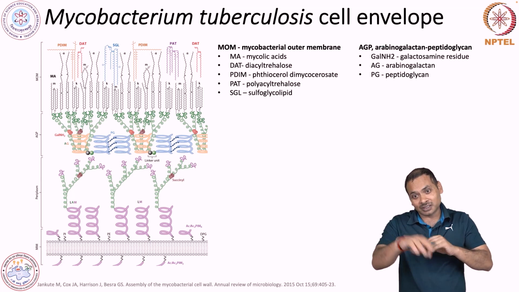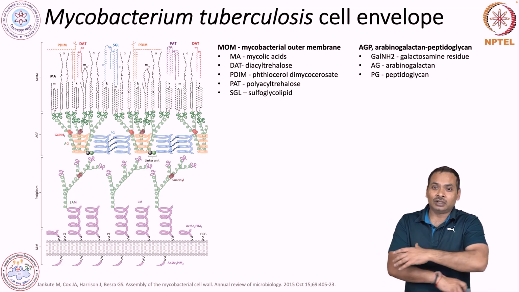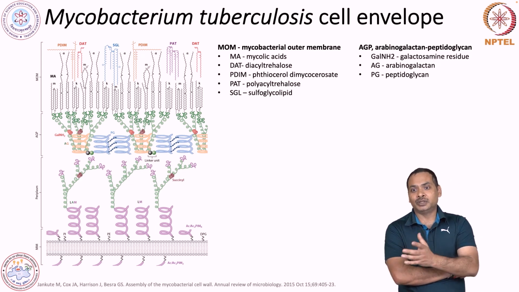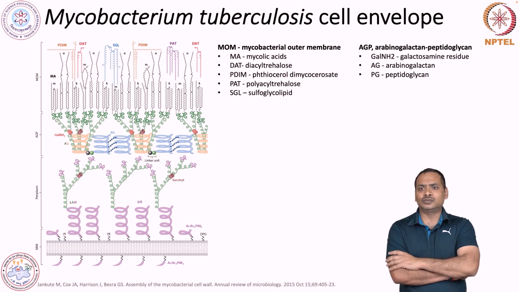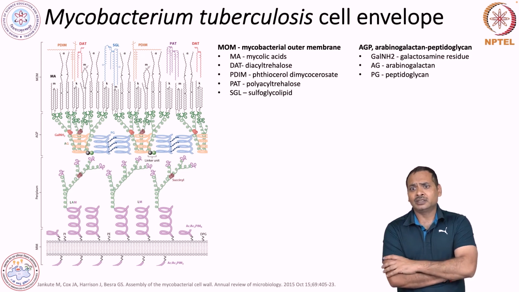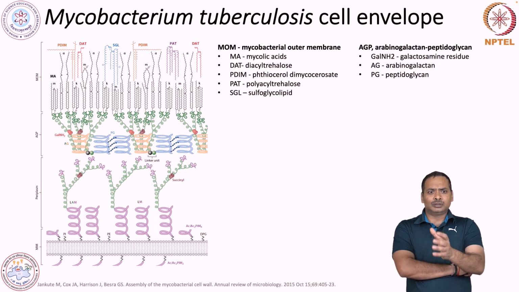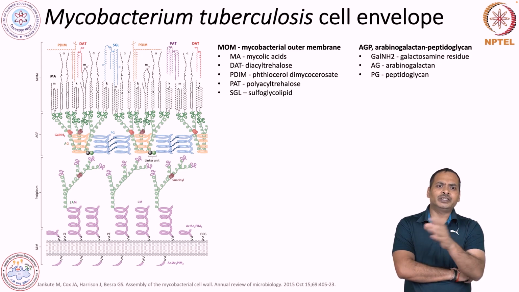Something similar is present in Mycobacterium tuberculosis as well. This AGP consists of galactosamine residue, arabinogalactan and peptidoglycan, and here you can see in the image that it is quite complex.